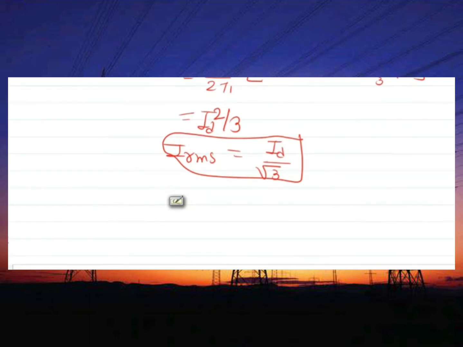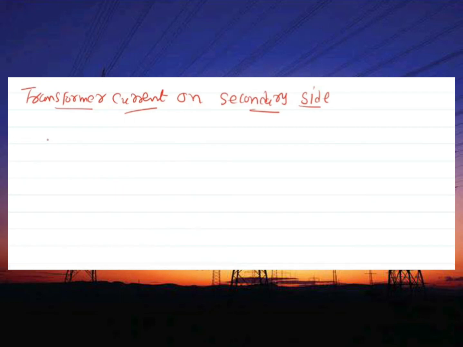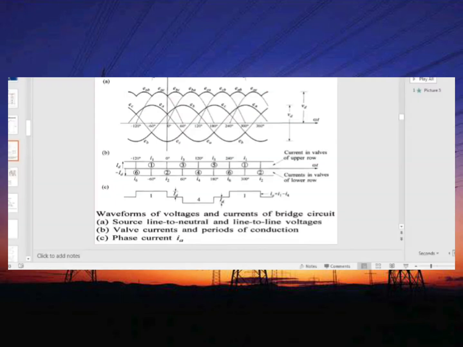Okay. So now derive the expression of the transformer current on the secondary side. The current in each phase of the secondary winding of a star connected transformer is shown in the waveform here.